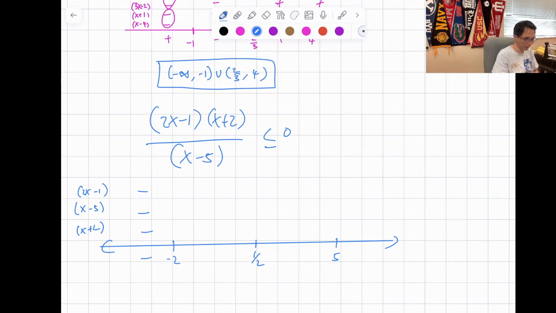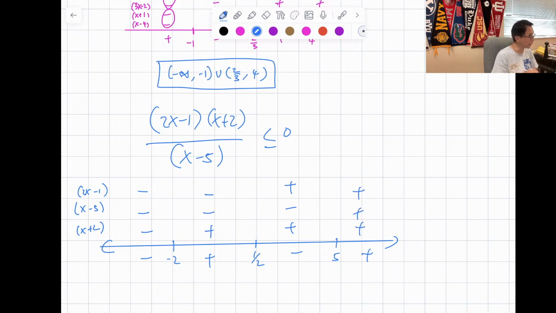If I plug in 0, it's negative, negative, positive. If I plug in 1, it's positive, negative, positive, negative. And if I plug in 6, it's positive, positive, positive, positive.